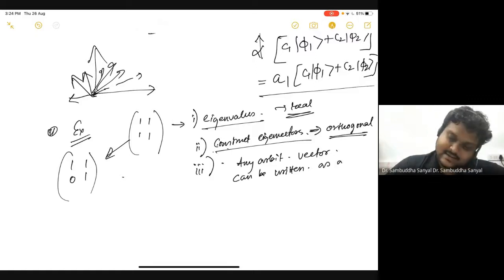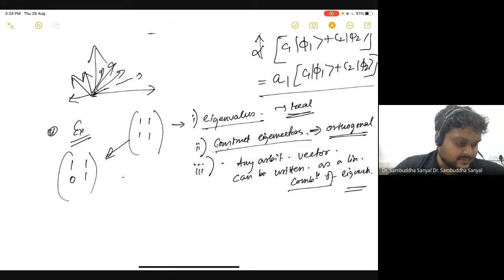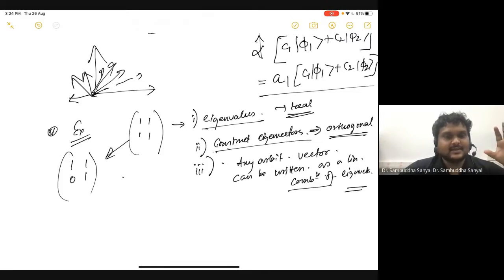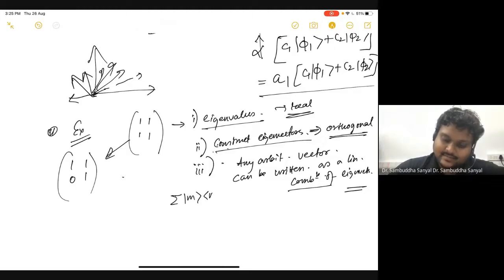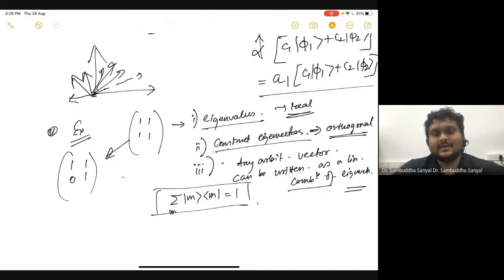So the takeaway point here is Hermitian matrices have real eigenvalues and their eigenvectors form a complete set. You can cross-check this completeness: if you sum over all m of |m><m|, it must be 1. This is called completeness, or resolution of identity, as we have learned.